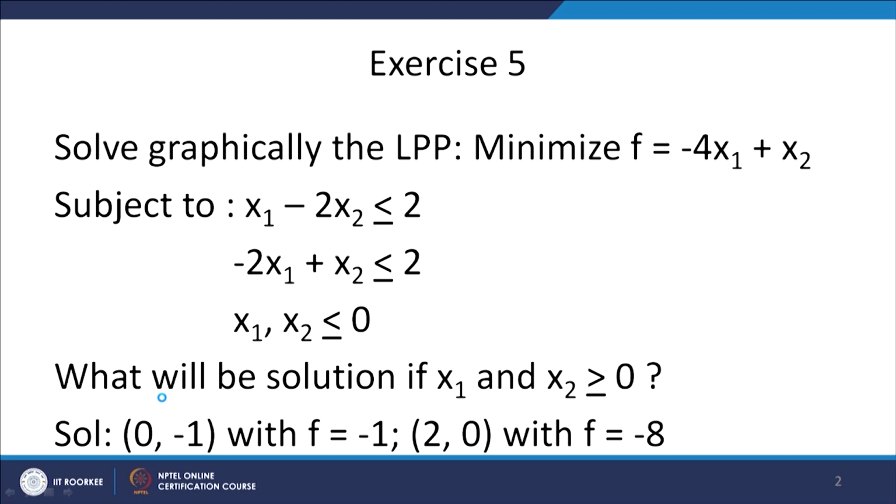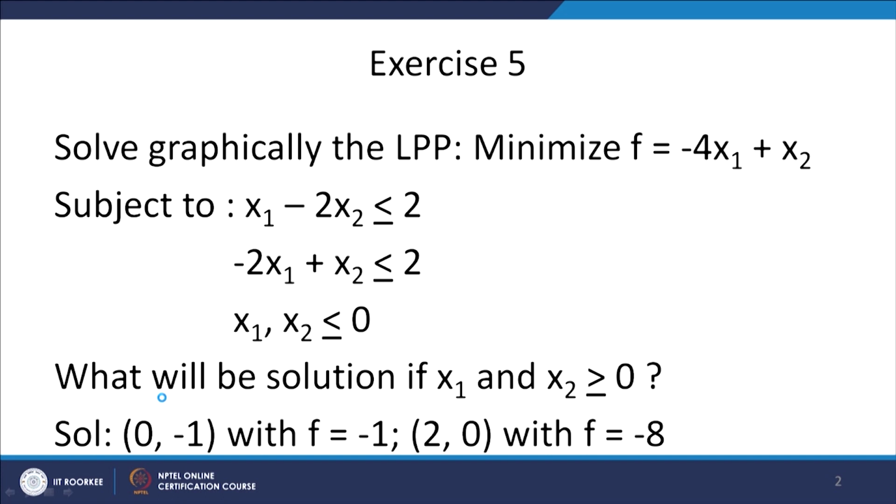However, in the second part of the problem, we are also required to solve it when x1 and x2 are greater than or equal to 0. The first part has the solution 0 comma minus 1 with f equal to minus 1, and the second part has the solution 2 comma 0 with f equal to minus 8.